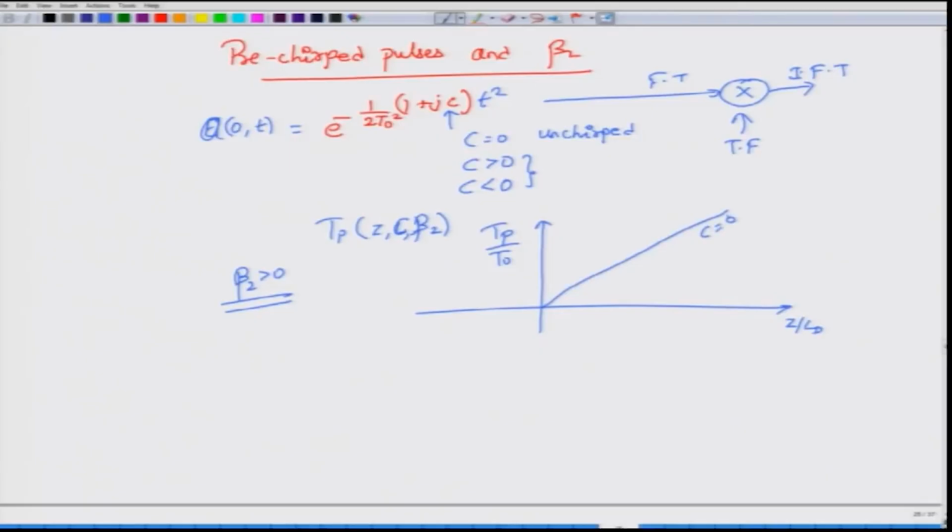This is the case when an initially unchirped pulse is launched, then its pulse width Tp continues to increase linearly with respect to the propagation distance. If c is positive, then you will see that the slope increases much more rapidly. So, this is the case when c is greater than 0, and the pulse width continues to increase.